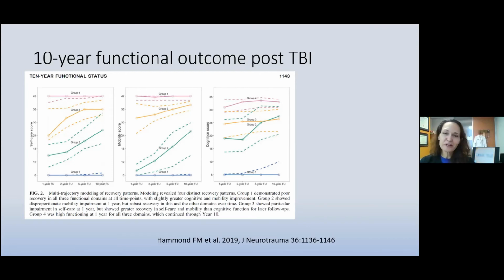But this is pretty objective. This is a FIM scale, a validated objective way of looking at function in different domains, cognitive, mobility, and self-care, that really do show that there are subsets of people who continue to improve way far out from their acute brain injury.